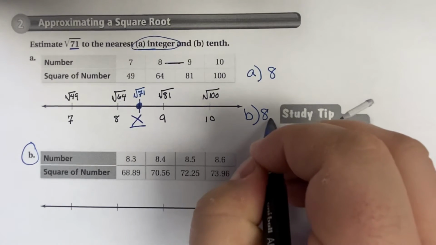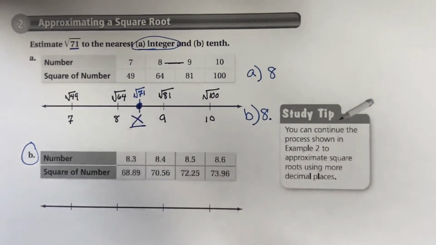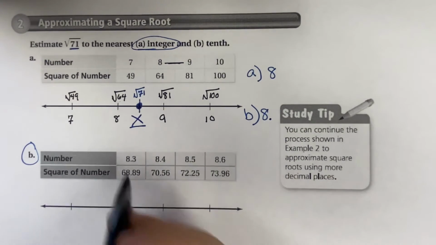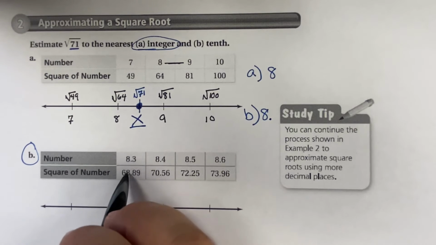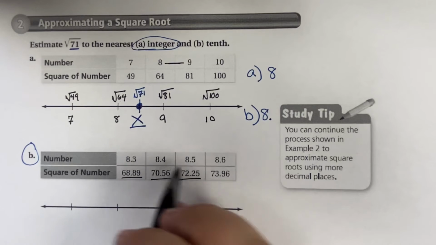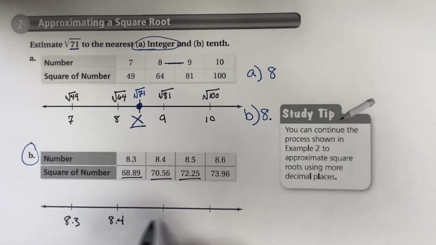So B, we're working on zooming in. My brain froze. I was thinking we were finding B here. But really what we're doing is we're zooming in. So if we took a calculator, we could do 8.3 squared is 68.89, 8.4 squared is 70.56, 8.5 squared is 72.25. So we go 8.3, 8.4, 8.5. Essentially, we're doing the same thing. We've just zoomed in.